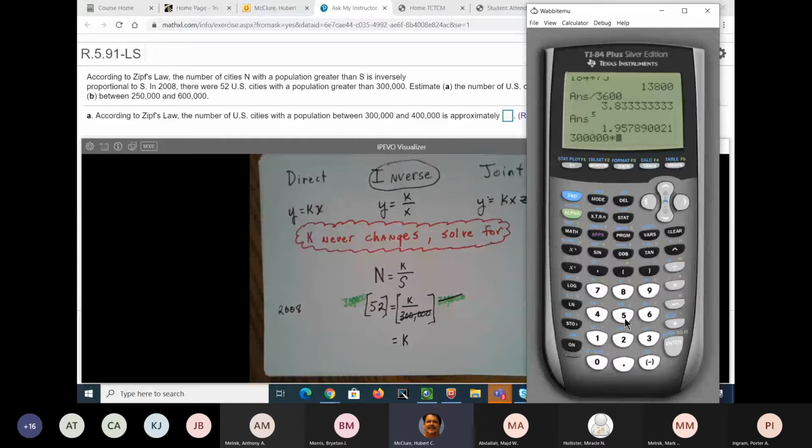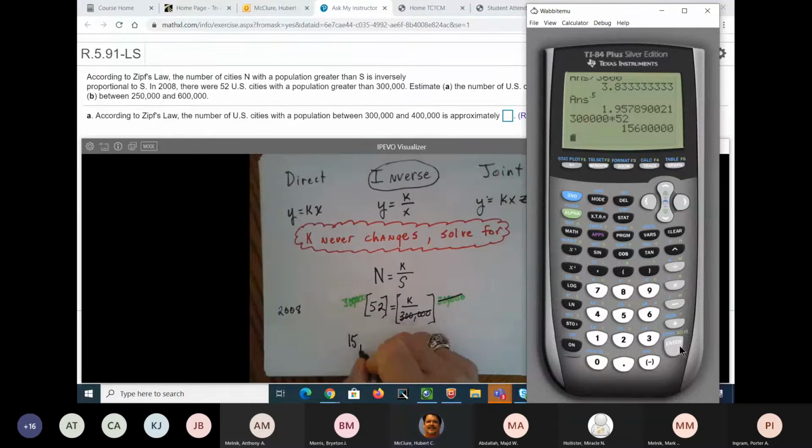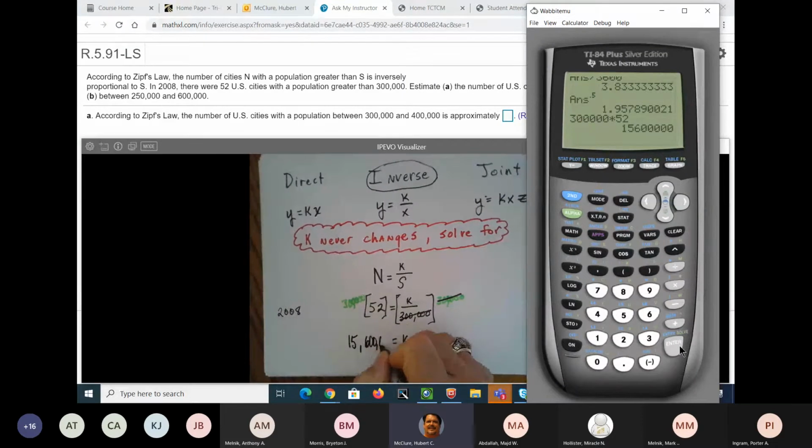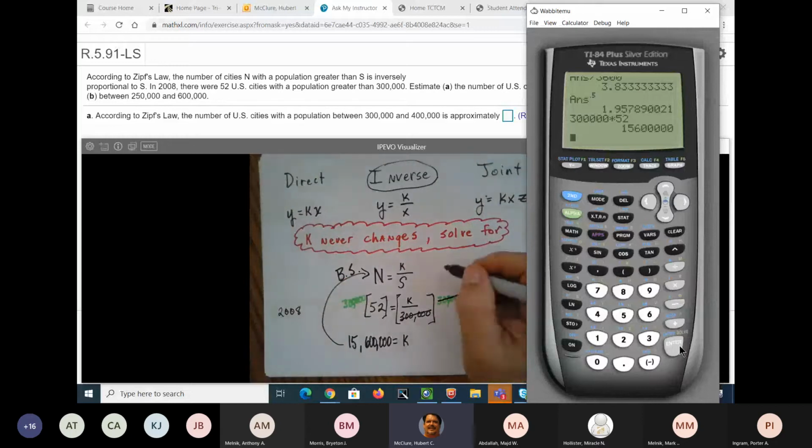Somebody help me out. 15,600,000 is equal to K. So that K is going to go back in here. Back substitute. And now we're going to get N is equal to 15,600,000 divided by S.